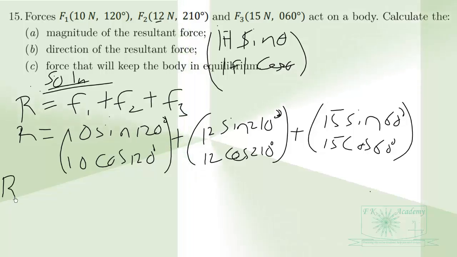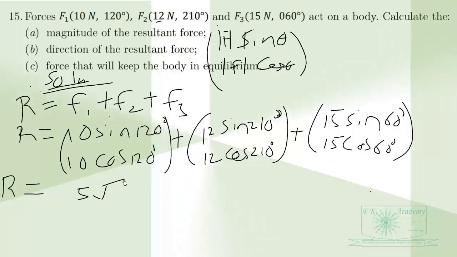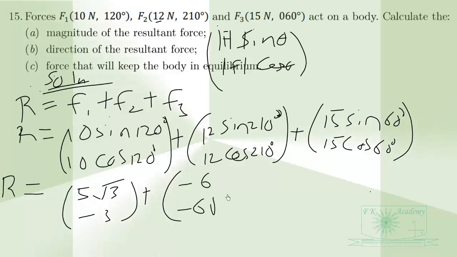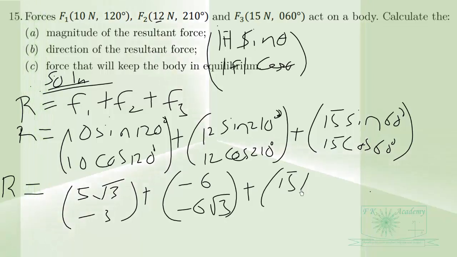So the resultant force will be equal to 5 root 3, that is 10 sine 120, then negative 5 from 10 cos 120. We add it to 12 sine 210, which is negative 6, then 12 cos 210 is negative 6 root 3. Then we add 15 sine 60, which is 15 root 3 over 2, and 15 cos 60 is 15 over 2.